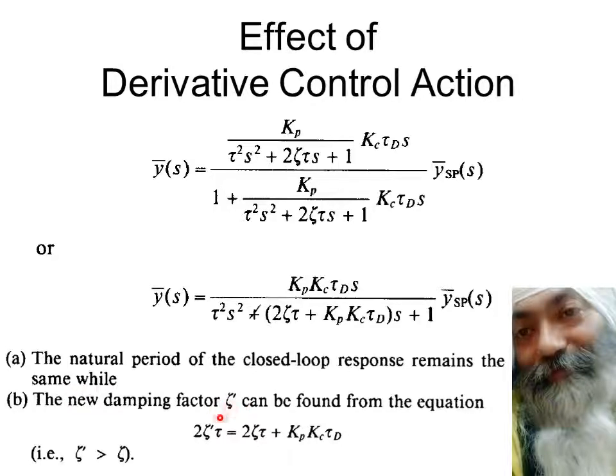It can easily be found from here, that 2 zeta dash tau is equal to 2 zeta tau plus something added to it. So obviously zeta dash is greater than zeta, because tau is the same, so there is no change in that, but zeta dash is going to be more. And let us see how it's going to affect the system response, its dynamics, its behavior with respect to time in the next slide.